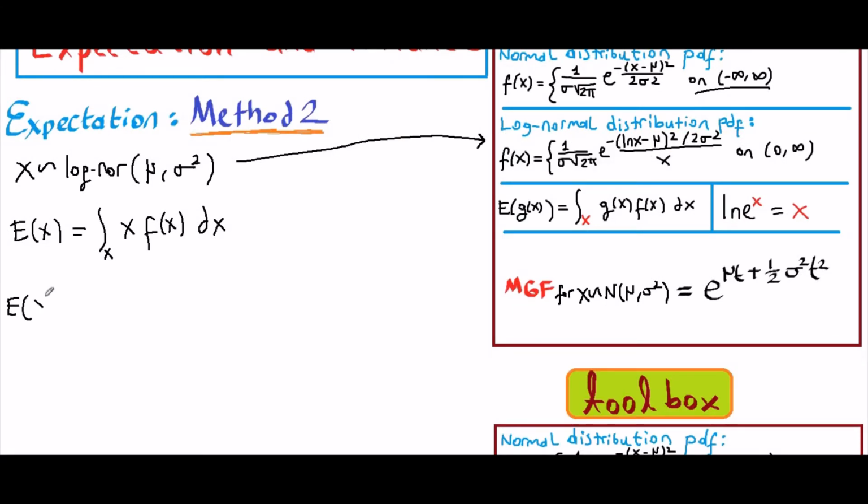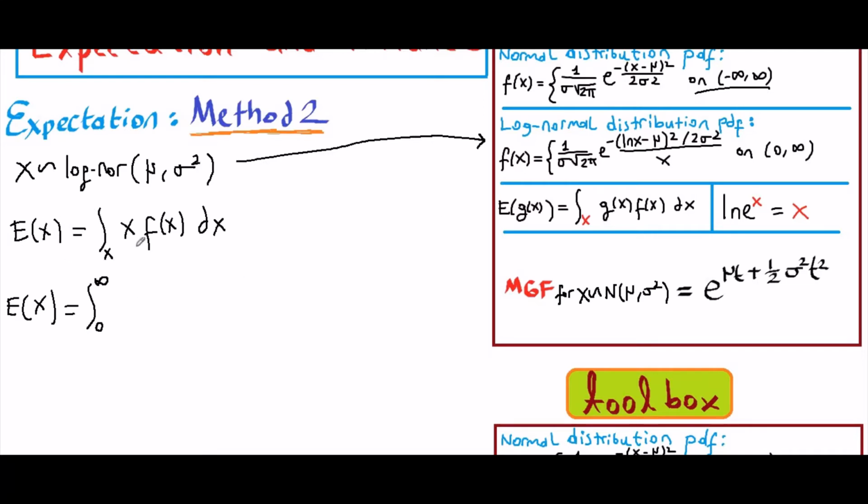So the expectation of x will be equal to the integral. Here our domain is from 0 to infinity, because the log normal is defined from 0 to infinity. And our mu is from negative infinity to positive infinity, and our sigma is greater than 0.